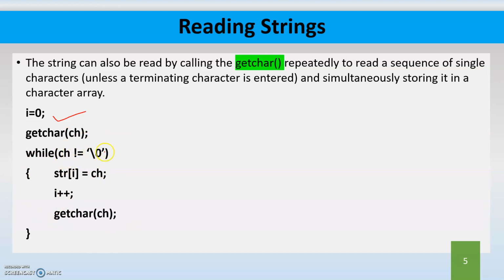Until the null character comes, it stores the character in the string and i is incremented. Again getchar, again incremented, again stored. This is the procedure until the null character comes. So this is the procedure of reading strings by getchar in a repeated manner.